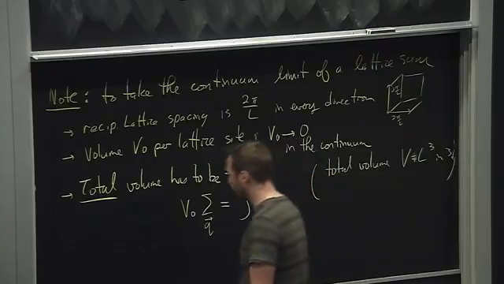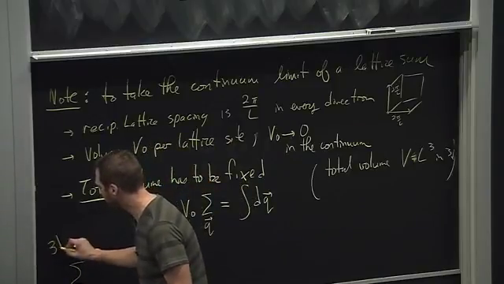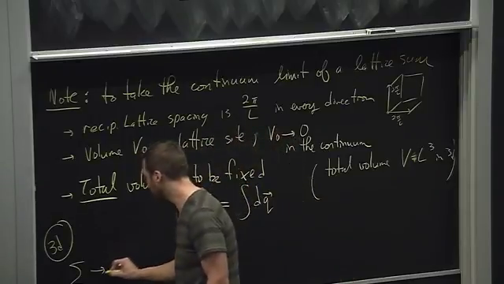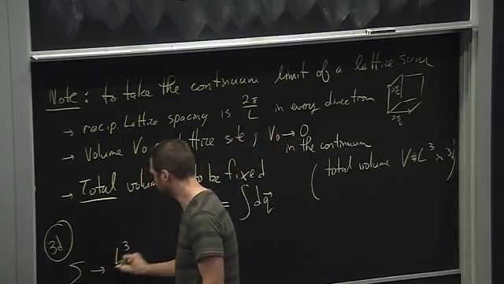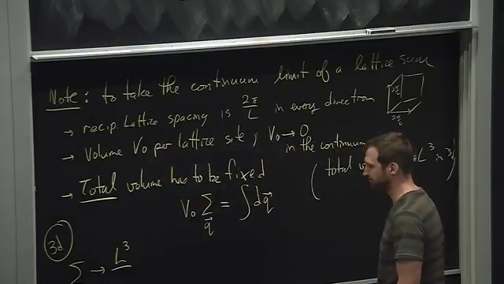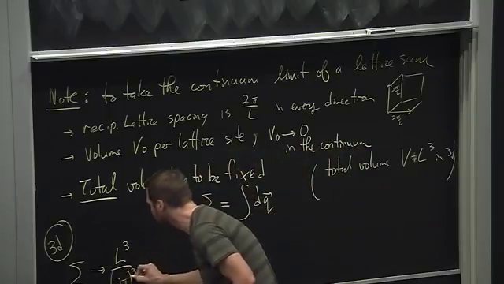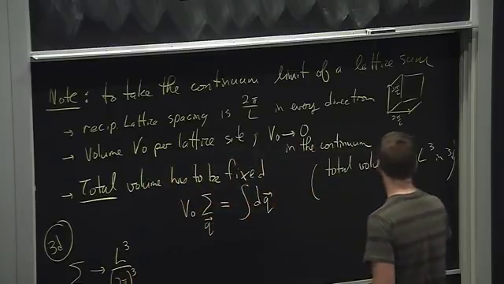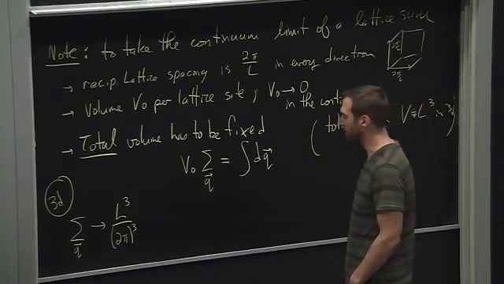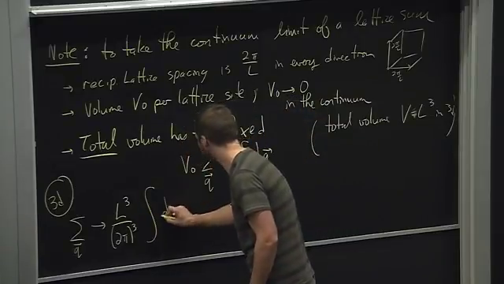Every time I have a sum over Q, let's do 3D, the sum over Q just goes to the volume over 2 pi cubed, times the integral. So it's a reciprocal lattice spacing, that's just a V naught, and then the integral, V naught dq.